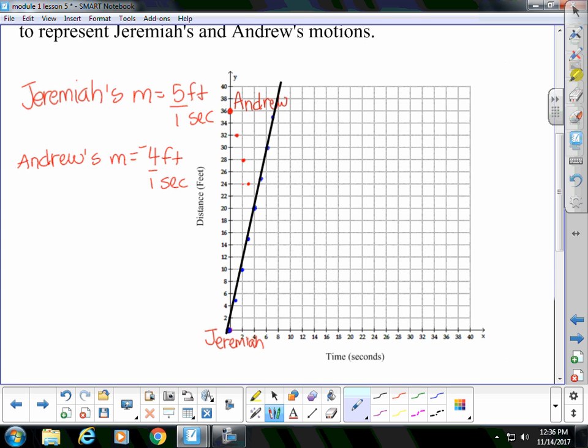It's going to be in the middle. Down 4 from 24 will take us to 20, and then over 1. Down 4, over 1, and so on. And that's Andrew's graph.